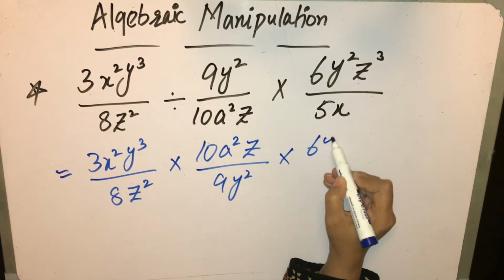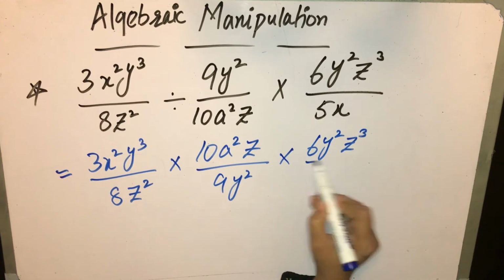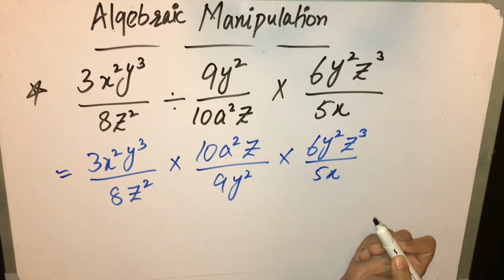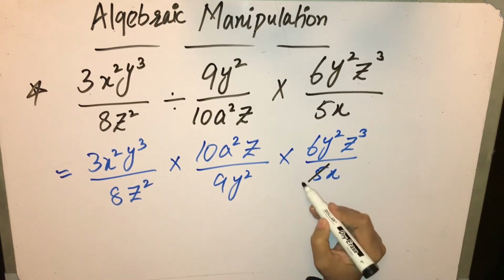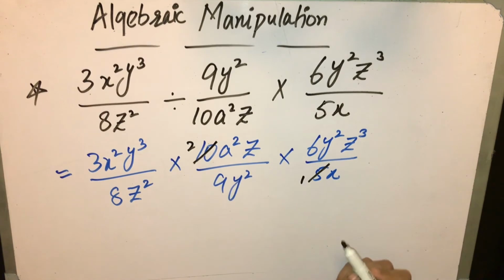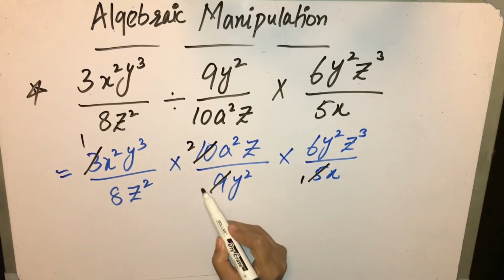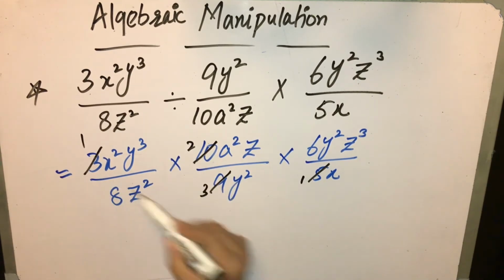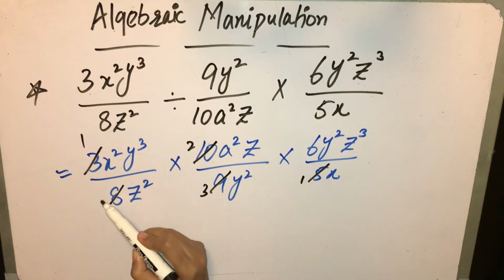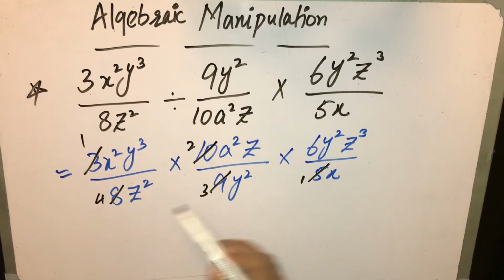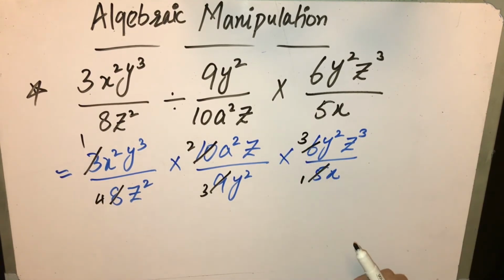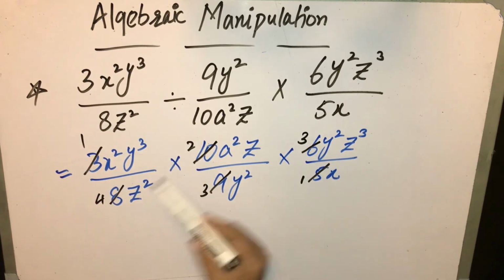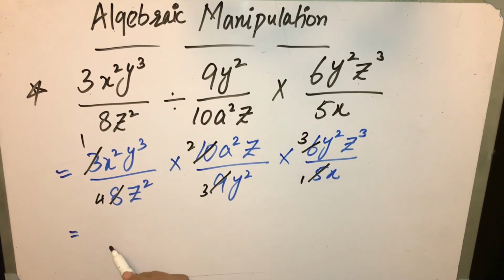And now we are ready first to simplify the constant values, the coefficients. 5 1s are 5, 5 2s are 10, 3 1s are 3, 3 3s are 9, 5 with 10, one numerator with one denominator, 3 with 9, and 3 times 2, 4 times 8, 2 3s are 6. Okay, there are still two cancellations left. We shall do it in the next step to avoid mistakes.